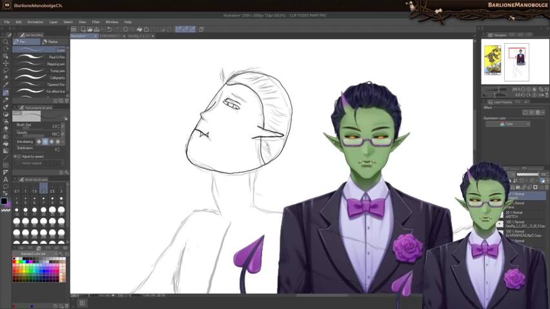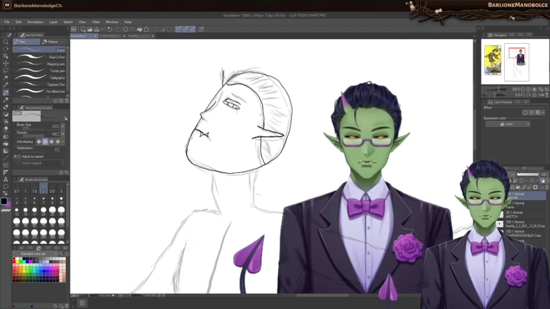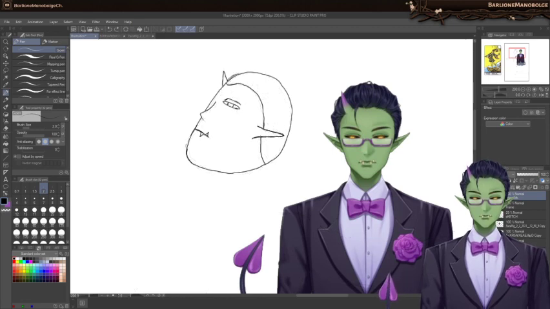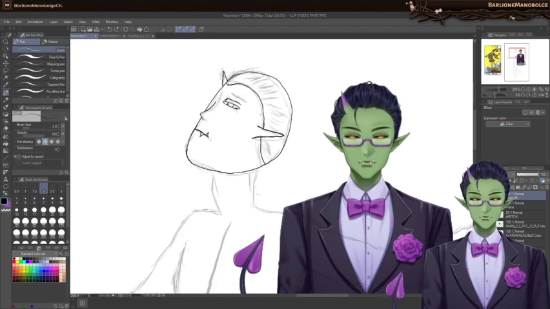As for the shape of the head, feels like it's just not quite right. Let's get the horn. I think I should curve in here. Okay, if I remove the sketch, I look like a potato.